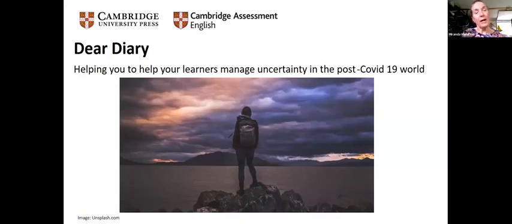Well, this is why I suggest the scaffolded approach. I think with a journal, it's a really good idea for the teacher to provide the topic. So you create the topic, you find something that is of interest to them, that you know they'll enjoy. You may do it once a week, you may do it every day, but you have a little discussion topic, and that is the stimulus that will get them to write.